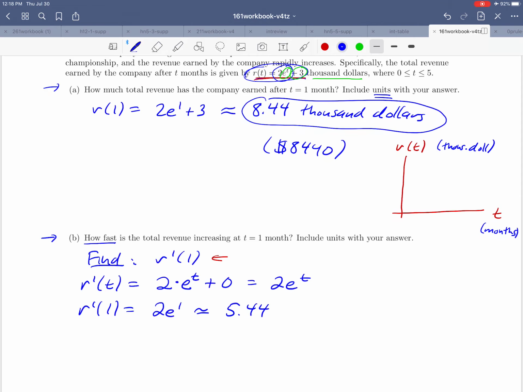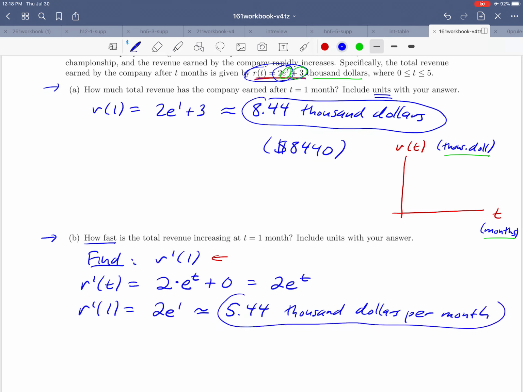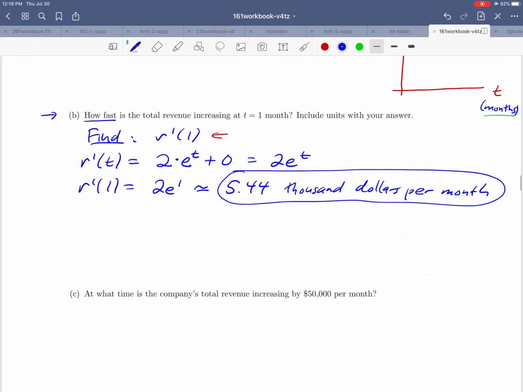So this derivative is a slope, and its units should be the same units that rise over run has: thousands of dollars per month. Let me try that again: $1,000 per month. So we have just found the rate of change of the revenue, and we answered both parts of that.